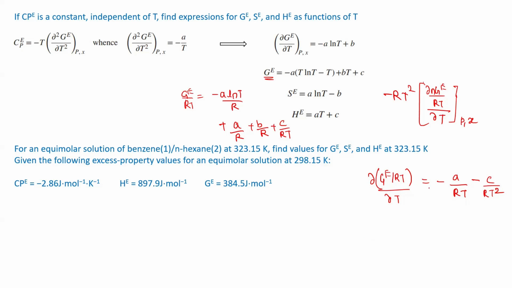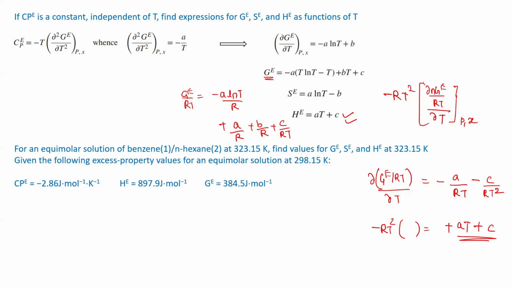Now multiplying it with RT square, minus RT square into this, plus A T and plus C. Okay, this is what we have observed here.